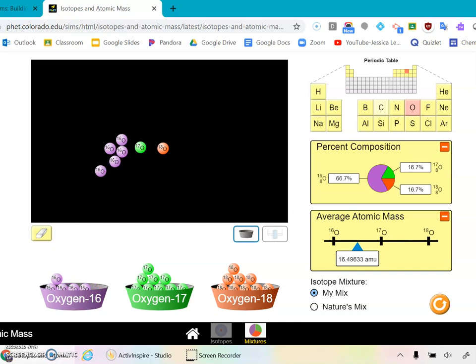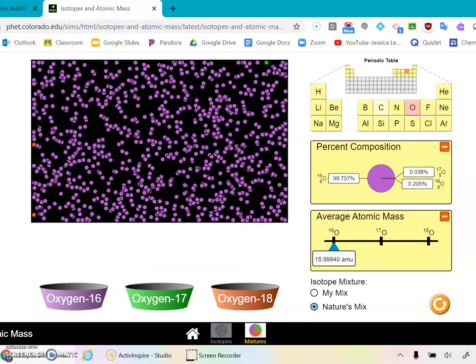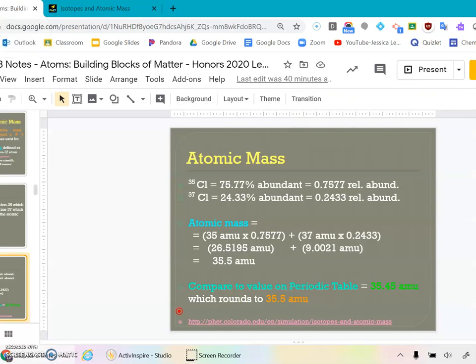So you'll see that the atomic mass of our oxygen is going to be 15.999, which is 16. If we go to nature's mix, you'll see how many more purples there are than the red oxygen 18s, and then one oxygen 17 in there. So a really good little simulation getting you back and forth throughout everything.